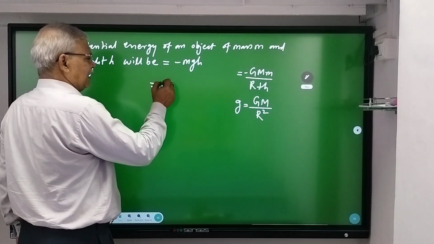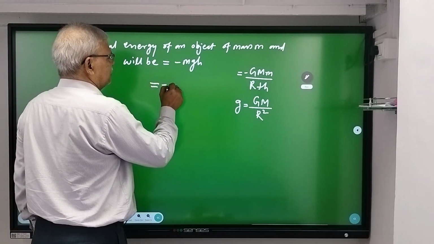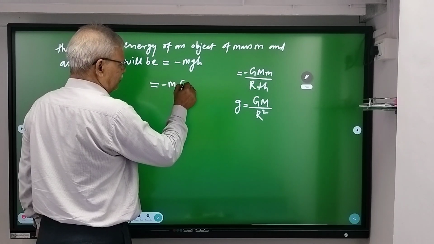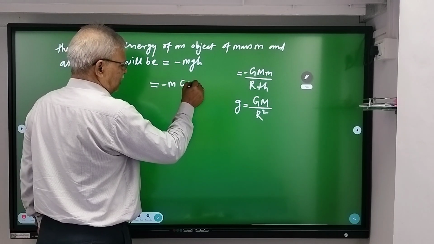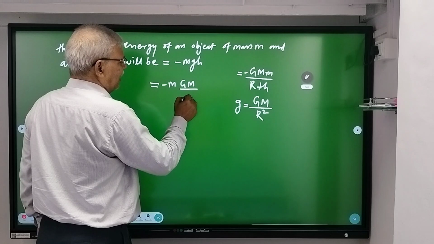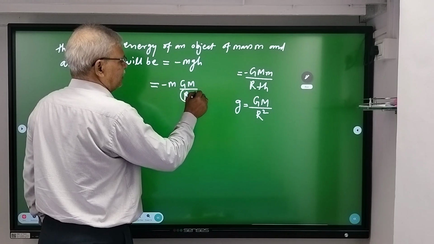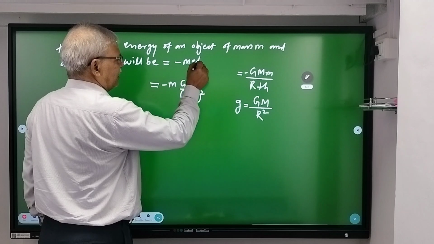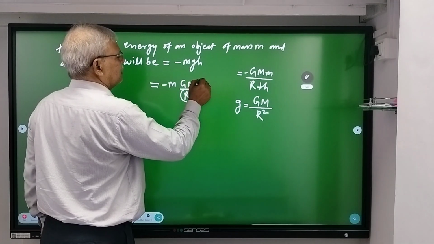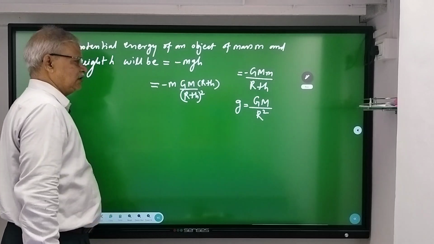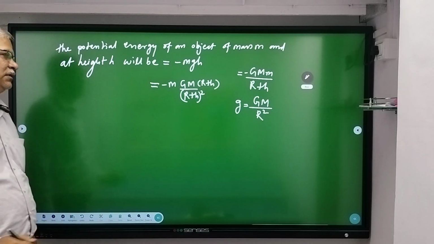Now for the height h, this small m, g will become capital M. Here r square, because at height h, this will be r plus h square, and for h, here it will be from the center of earth, it will be r plus h.